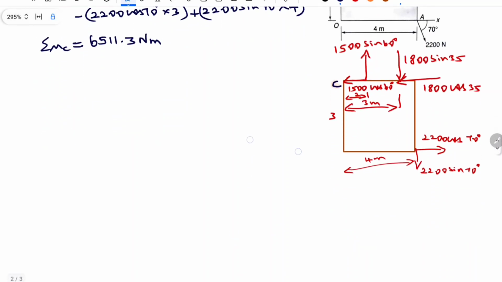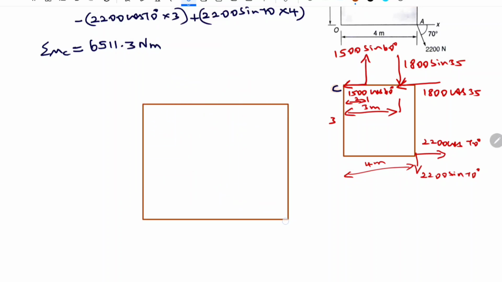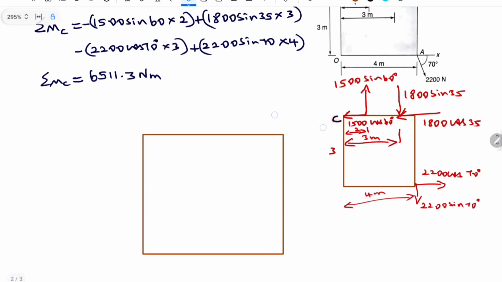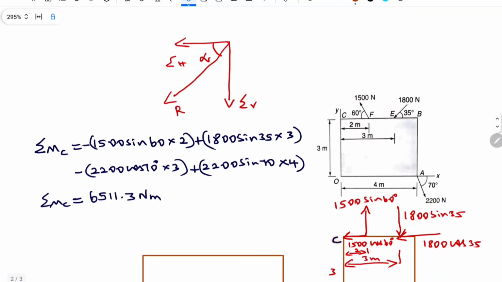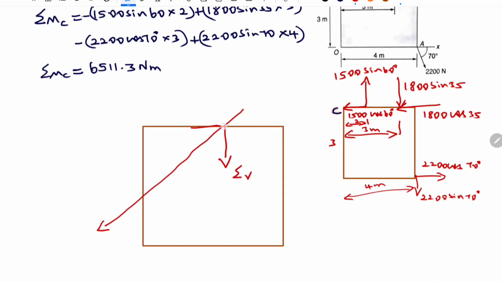So now to locate the moment, let us draw a square here. The summation of vertical forces and horizontal forces are acting in the negative direction. So let me consider the reaction force is acting like this, with the summation of vertical forces in the negative, and the summation of horizontal also in the negative.